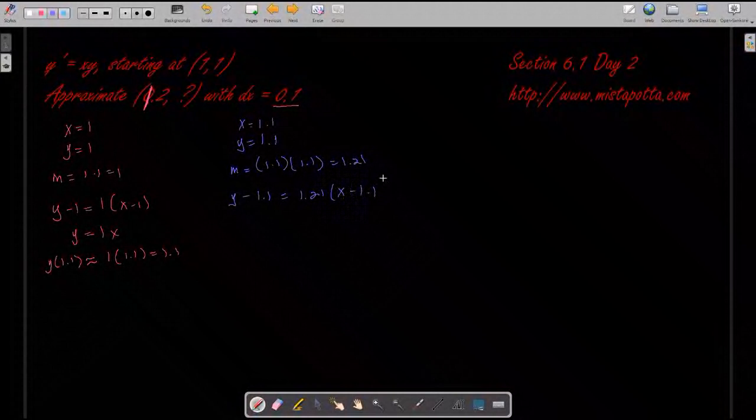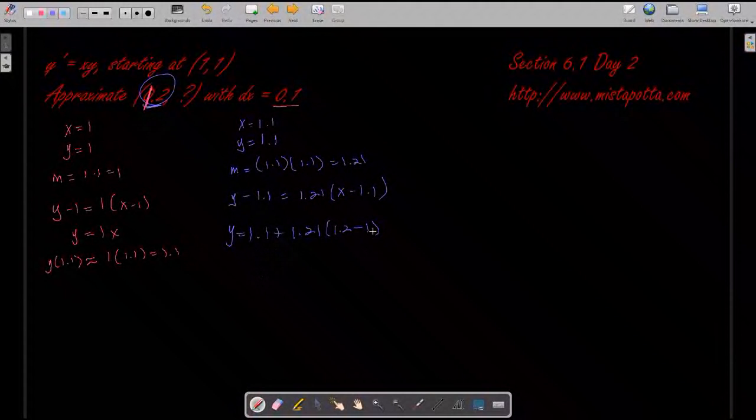And now I'm ready to approximate what's happening at 1.2. Y equals 1.1 plus 1.21 times 1.2 minus 1. I'm ready to substitute this into x.